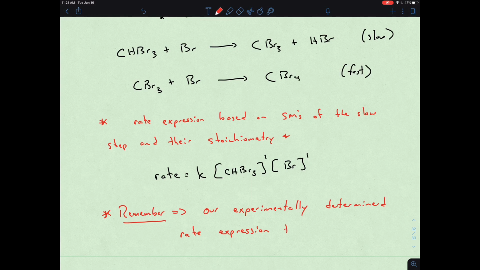Right, that's in terms of the true starting materials, or the real starting materials of the reaction.